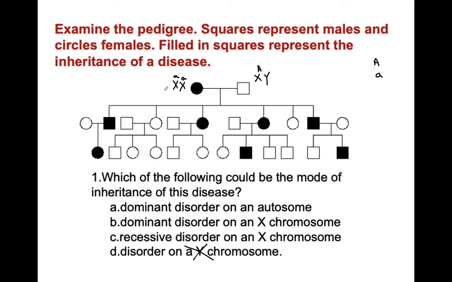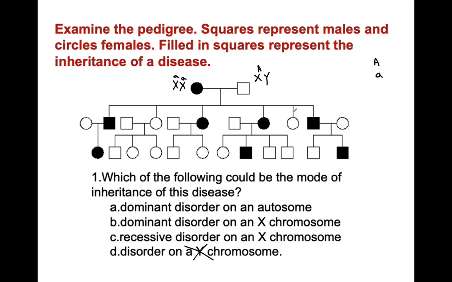So we cannot find so far any evidence against this. So let's look at the daughters. The daughters get one of their X chromosomes from their mom and one from their dad. And if the disease is due to a recessive disorder on the X chromosome, none of their daughters should show the disease because they inherit the dominant allele from their dad. So let's look at their daughters.